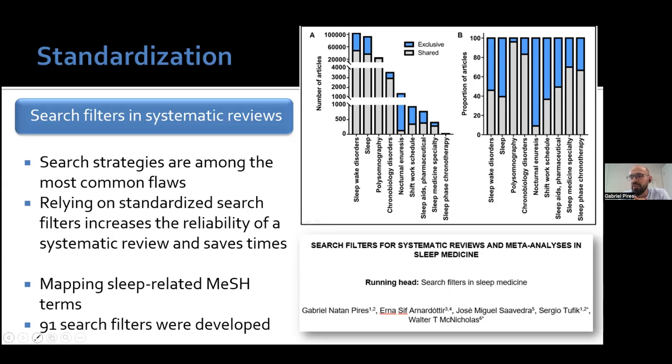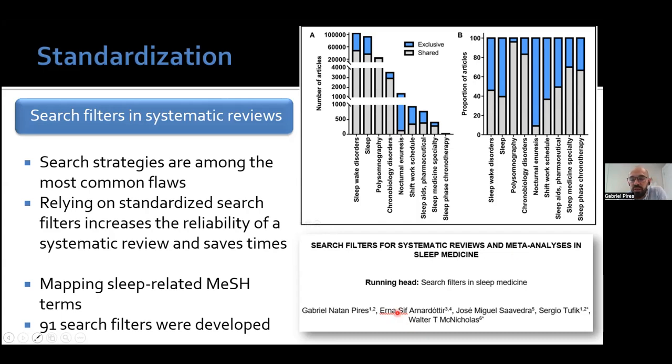You will see there is no MeSH term that is good for insomnia research. There is no insomnia MeSH term. You will see that the MeSH term for sleep apnea embraces hypoventilation syndrome. And we know that hypoventilation syndrome is very different than obstructive sleep apnea.